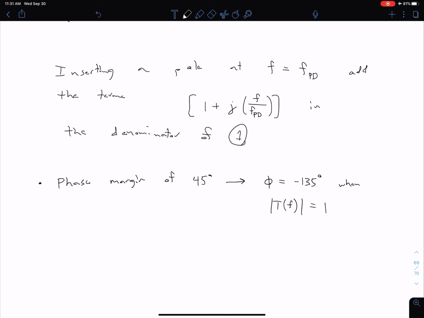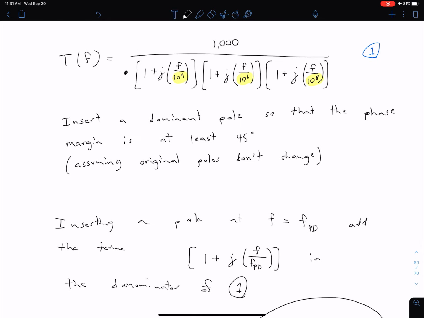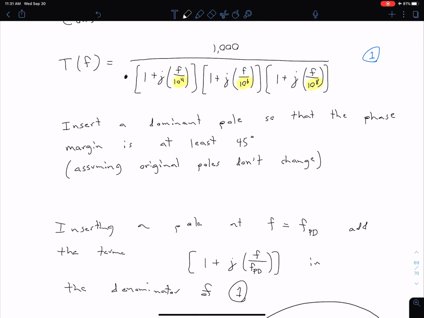So we want this condition to be true for a phase margin of 45 degrees. We can assume that this dominant pole frequency f sub PD is much less than 10 to the 4th, which is the lowest of our 3 corner frequencies highlighted here.